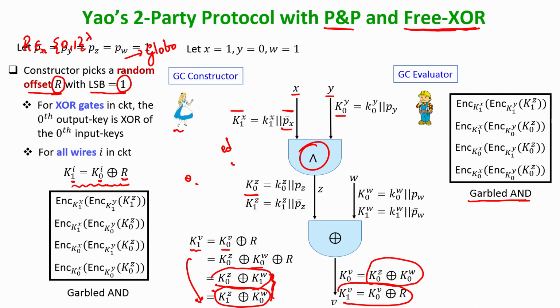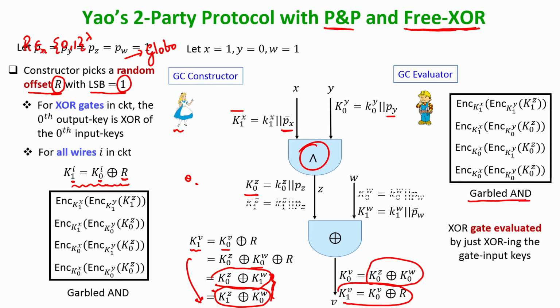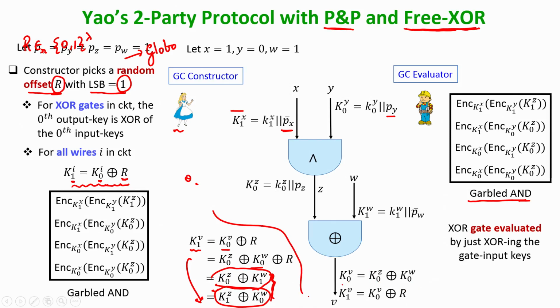He will see a key over the x wire, a key over the y wire, then he will parse their permutation bits and decrypt the corresponding ciphertext. After decrypting, he will have one key over the Z wire and one key over the W wire. But now he has to find out what key he should have over the V wire, and to find that out, he just XORs the keys over the Z wire and W wire. That is all.